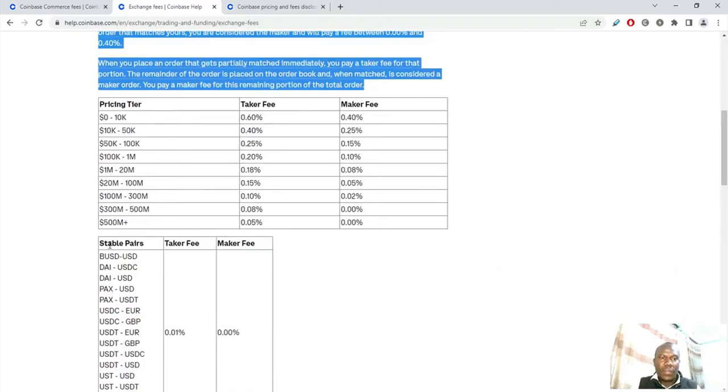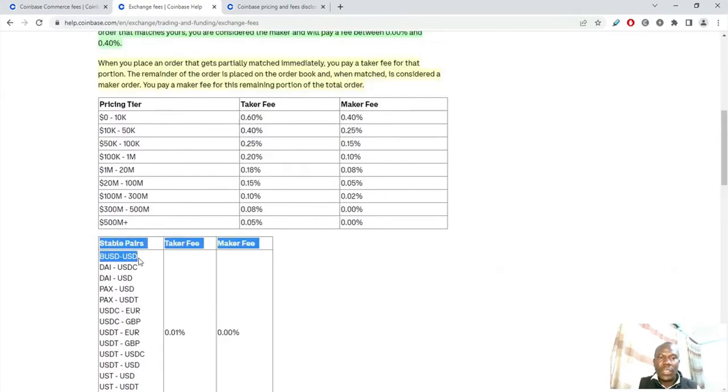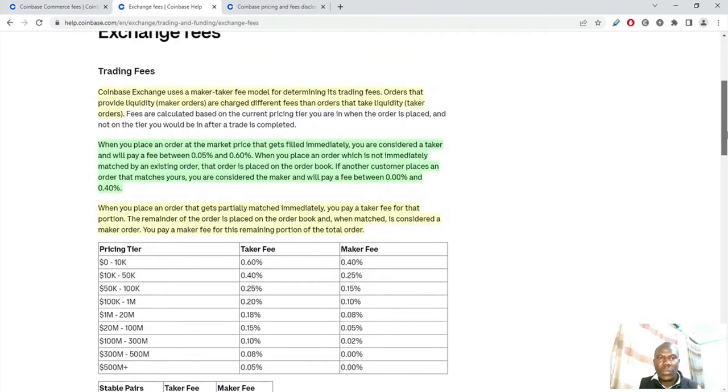Now the pricing tiers. These are for stable pairs: BUSD against USD, DAI against USDC, PAX against USD, USDT against GBP. So this is 0.01 and 0.00%. That is what we have seen on top here.